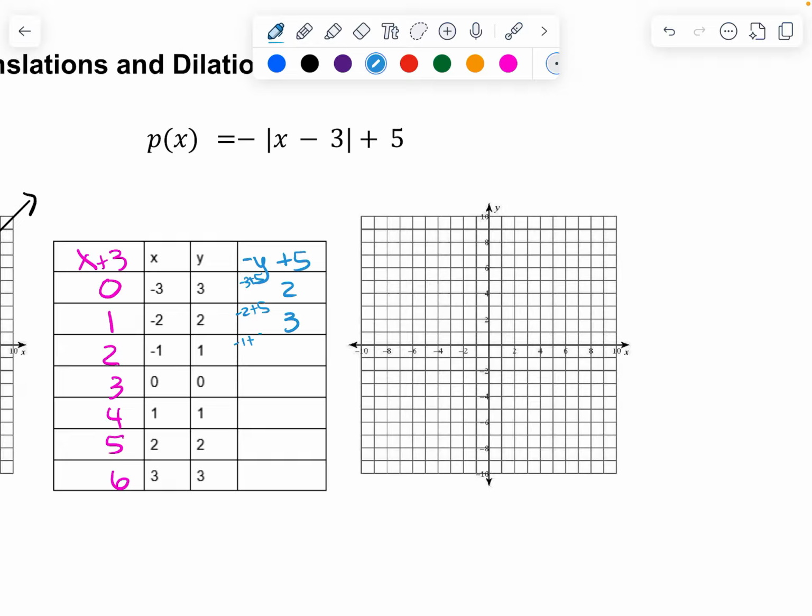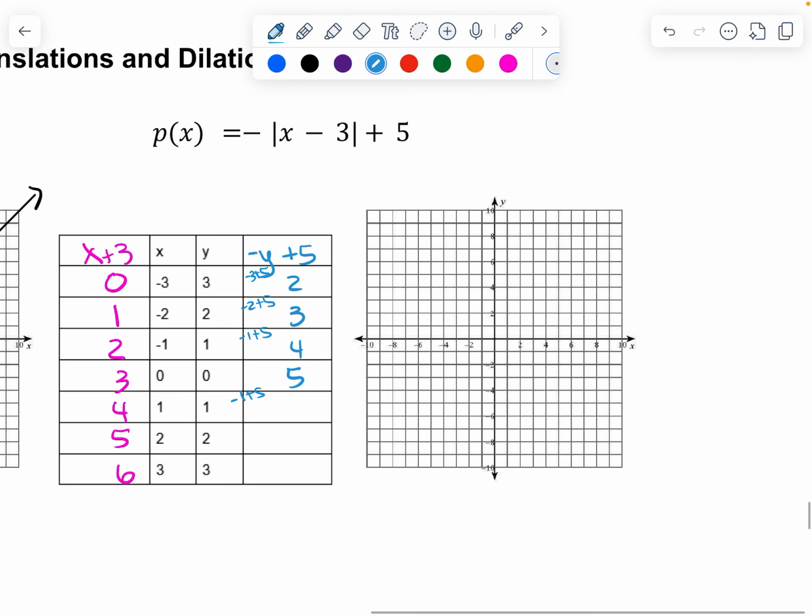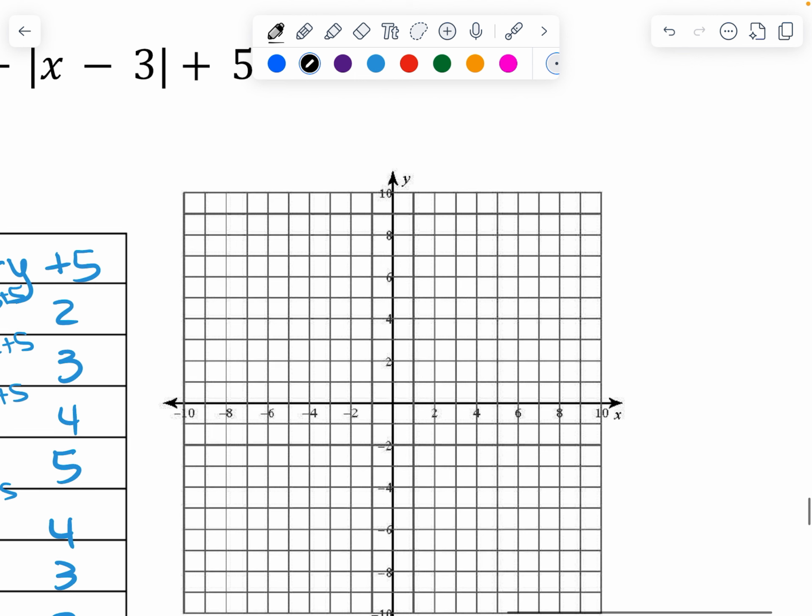Negative 1 plus 5, which is 4. This would be 5. 1 plus 5 is 6. How about negative 1? I forgot to take the negative. That's 4, 3, 2. So I'm going to plot these points first after I get my parent graph on here.